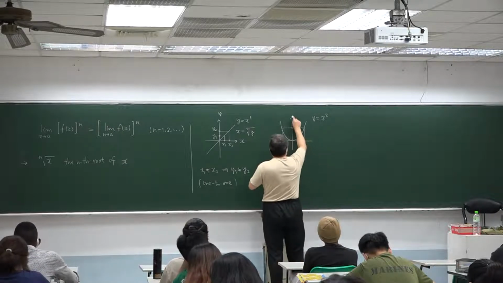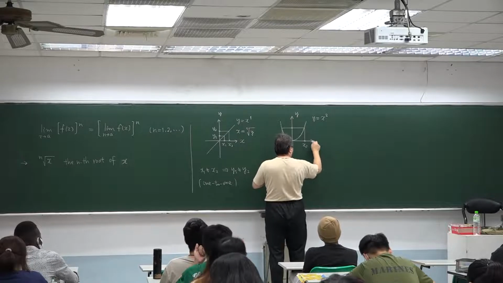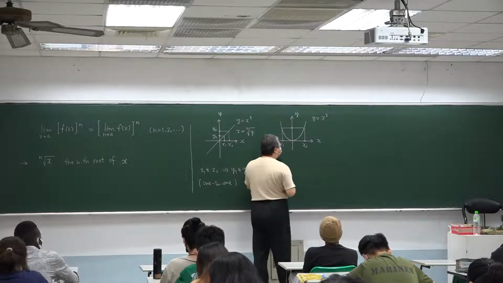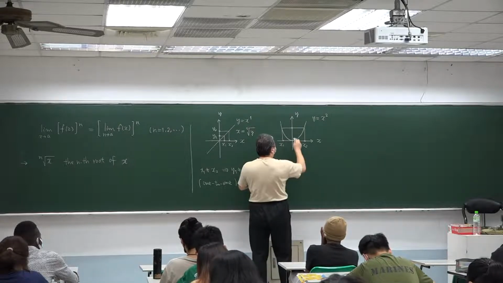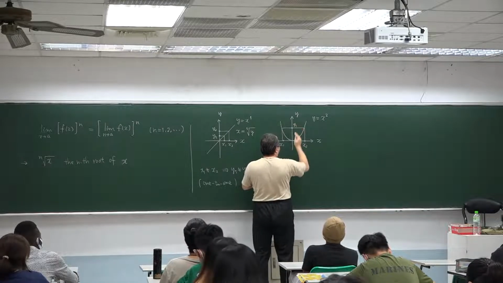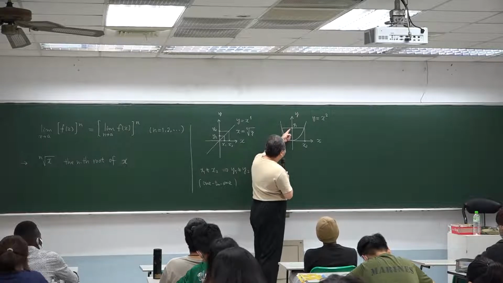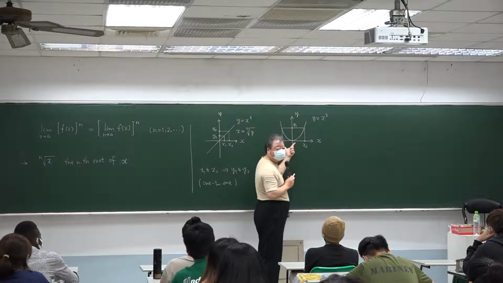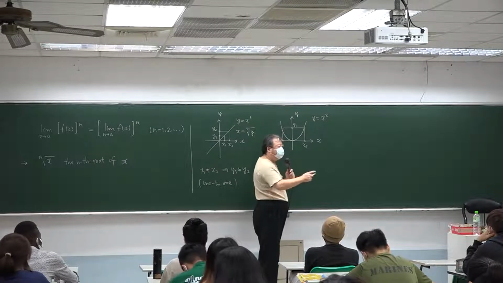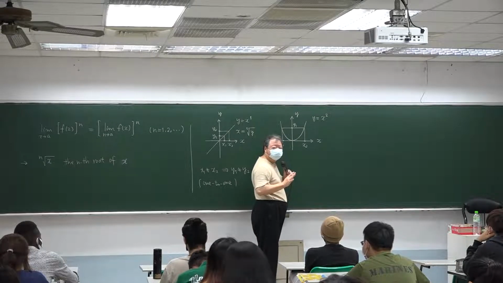Therefore, in this case y is a function of x, but x is not a function of y. For example, if we are given some y1 here, according to this rule we will have two different values. Then this relation is not a function relation.